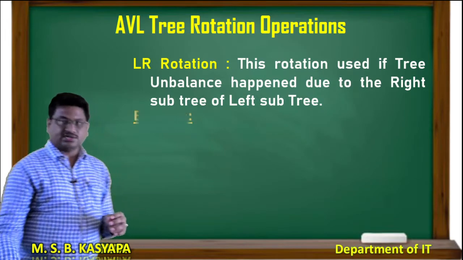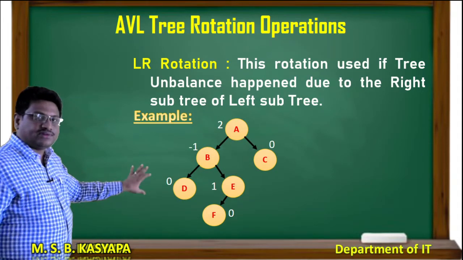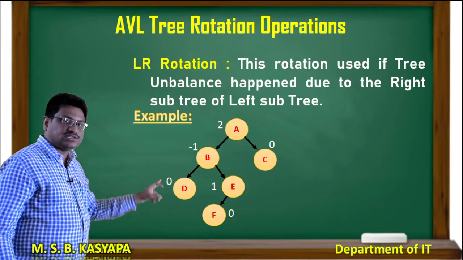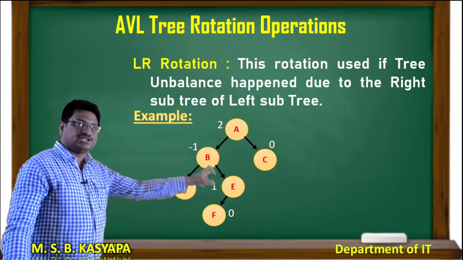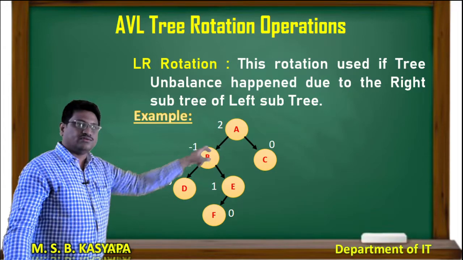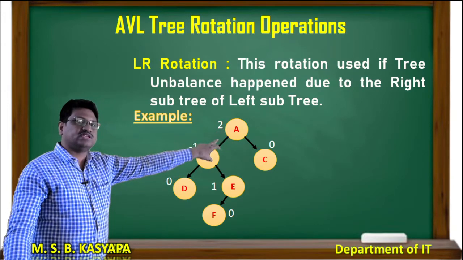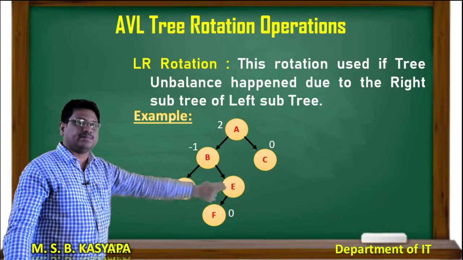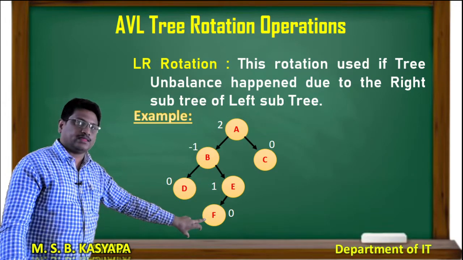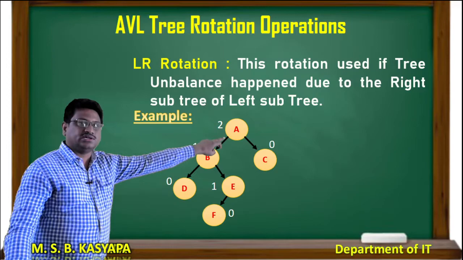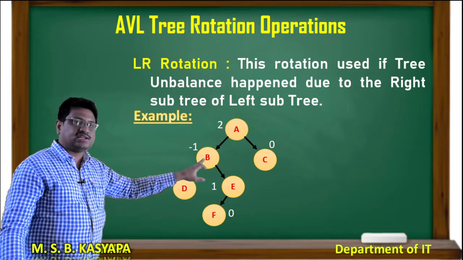If you calculate the balance factors here, they are 0, 0, 1, then minus 1, and 2. So how did the imbalance happen? If you see, because of this one, A has a left child, and the extra node happened in the right one.